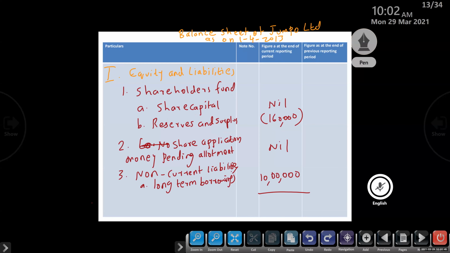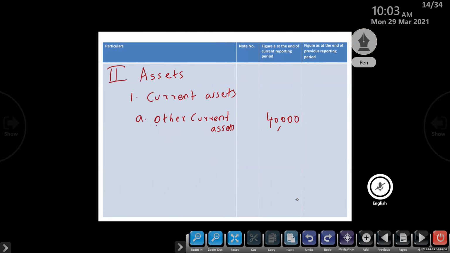So if they tell that the balance, you look at it here, you will get 8,40,000. 10 lakh minus the discount, 8,40,000. If they tell the balance, then you can write cash and cash equivalents, balance amount. Otherwise, you only have to write cash equivalents.